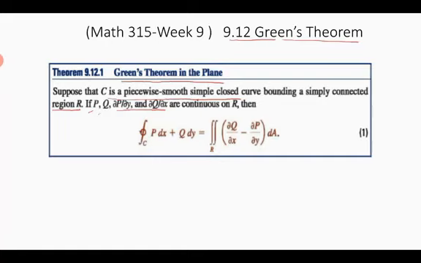Here on the right hand side, you notice we have two terms. For a conservative vector field, Py is equal to Qx. If they are equal, this term will be 0, otherwise not.